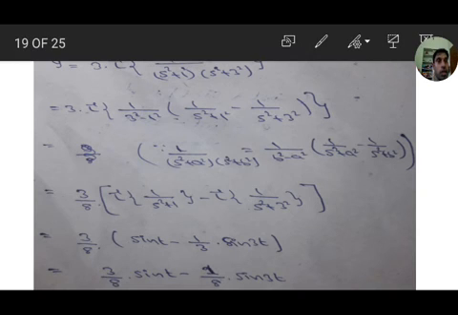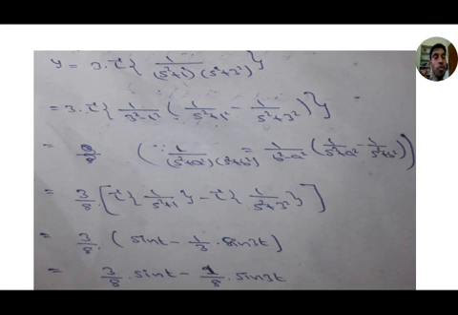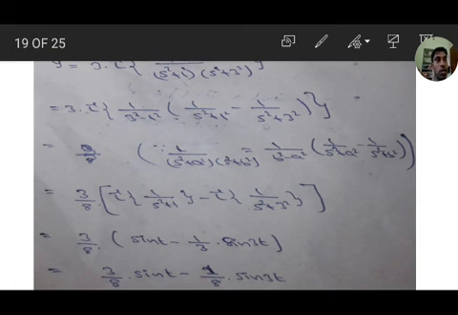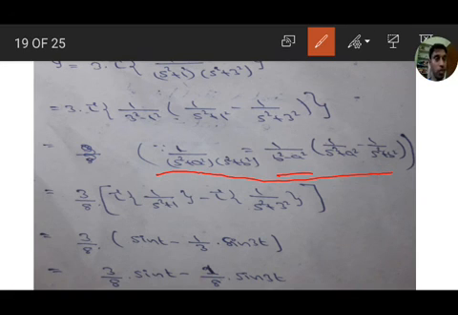Next slide. So 3 into L inverse of 1 by s square plus 1 square into s square plus 3 square. We have the partial fractions formula: 1 by s square plus a square into s square plus b square equals 1 by b square minus a square into 1 by s square plus a square minus 1 by s square plus b square.